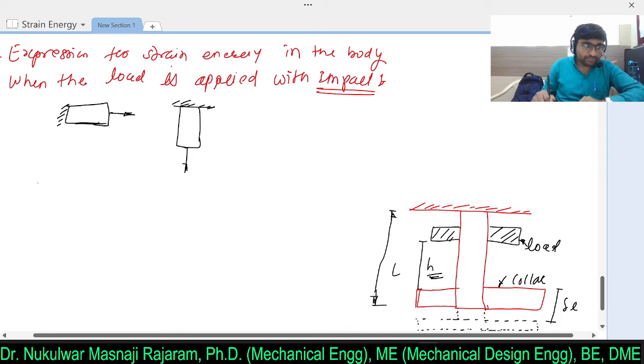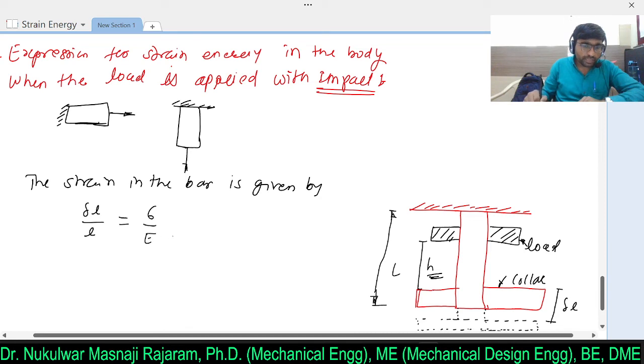So for that purpose, let's see the derivation. Again we will see the strain. The strain in the bar is given by delta L divided by L, and that will be equal to sigma by E. So strain equals sigma by E, and strain is also known as change in length divided by original length.